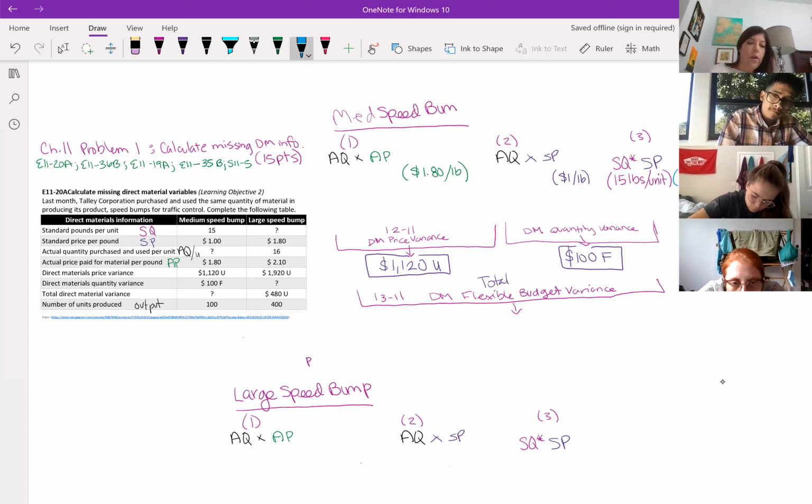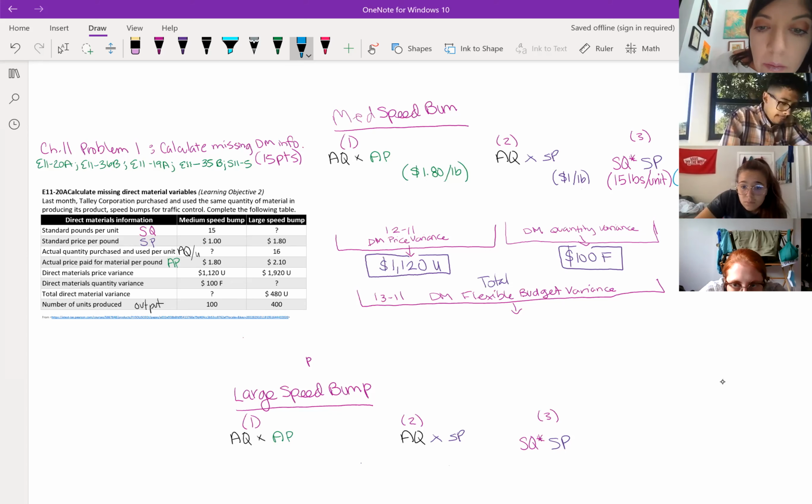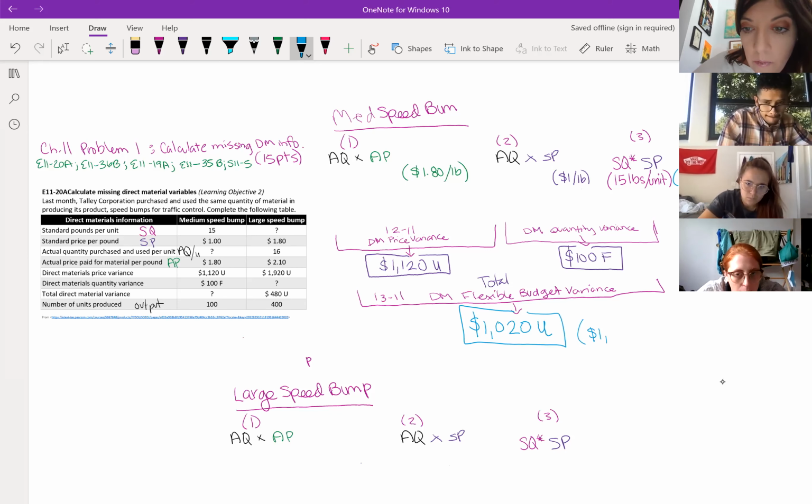So with the medium, let's figure out what we already have. We can figure out our direct materials flexible budget variance, which is going to be $1,020 unfavorable. $1,120 unfavorable for our price variance compared to $100 favorable.